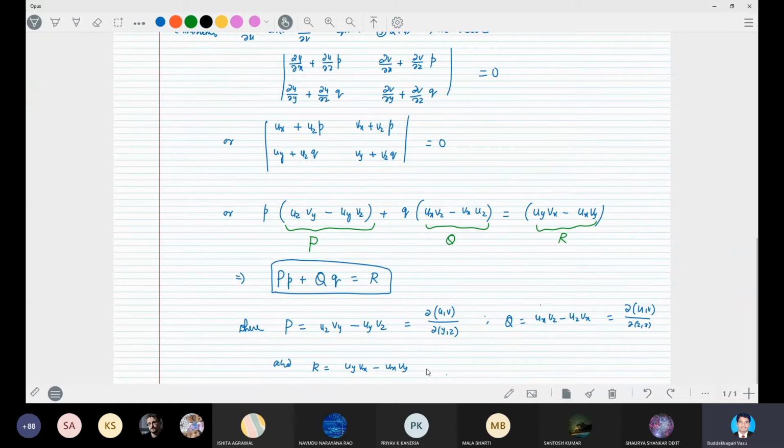This is the Jacobian of u comma v with respect to x comma y. This is for the sake of your understanding, I am writing in terms of the Jacobian, but for the knowing of that, capital P, capital Q, capital R are the functions of x, y, z, right?